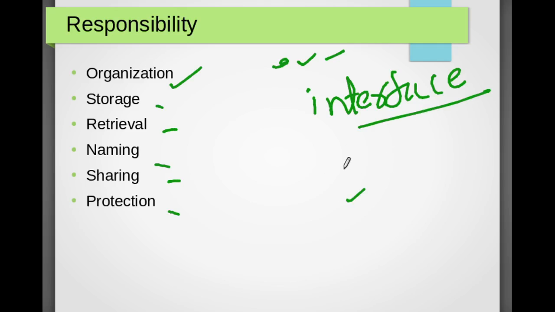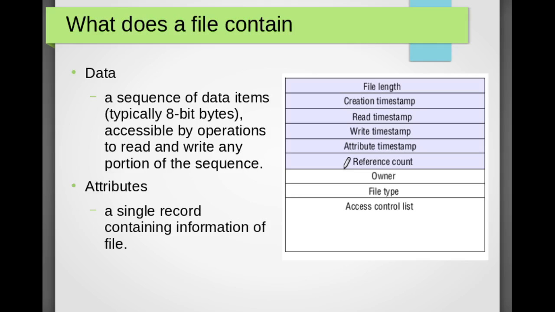Okay. Now if we think what a file contains, what your file will actually contain is data as well as attributes. What is data? Data will be a sequence of zeros and ones. Now there is something called attributes.